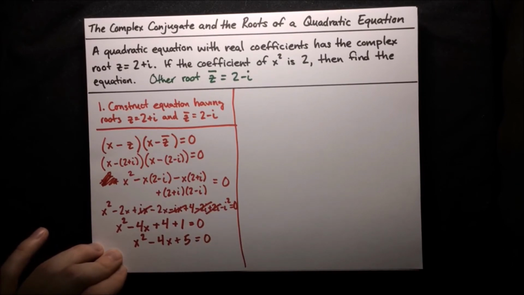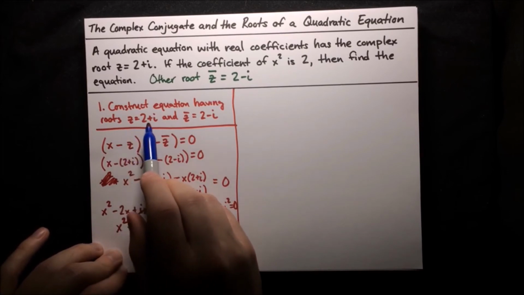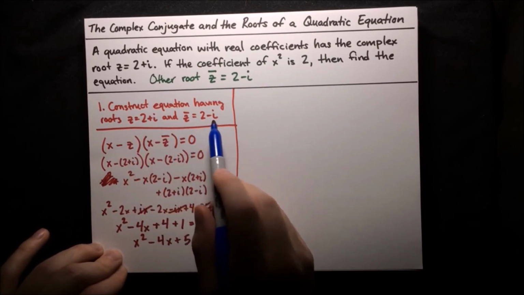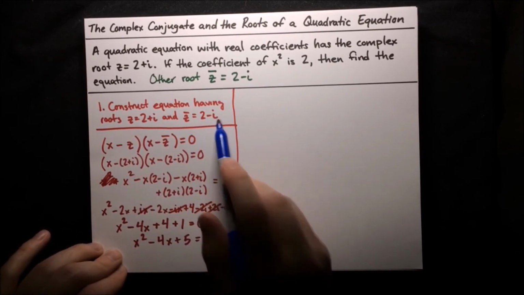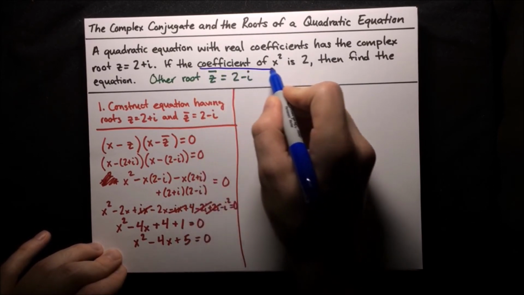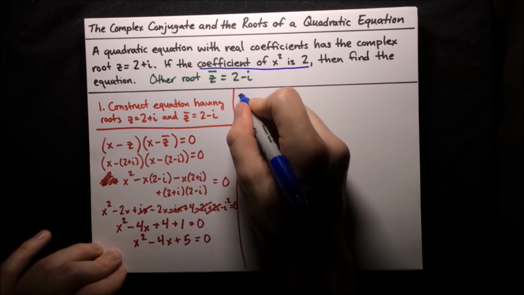Okay, great. So we've got a quadratic equation having roots z equals 2 plus i and z bar equals 2 minus i. Now the only part to worry about is the coefficient of x squared is 2. So that's going to be our second step.